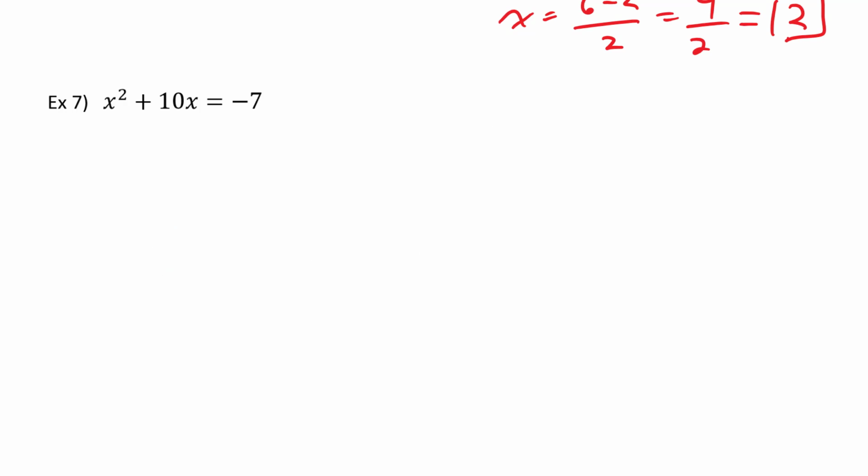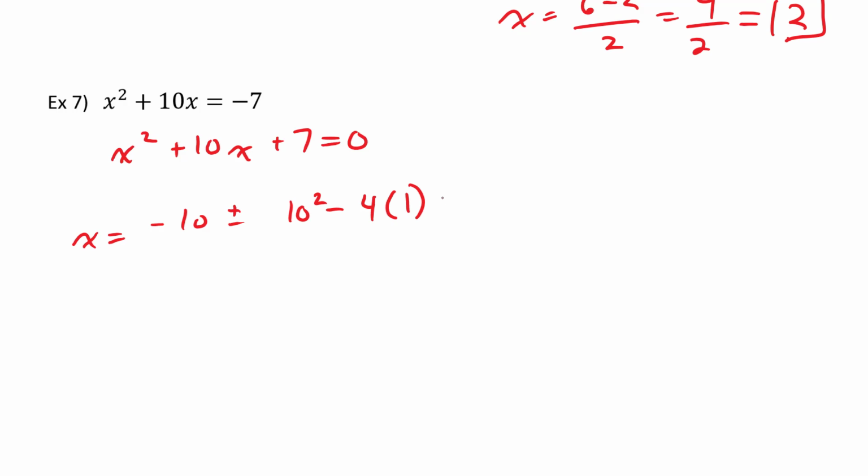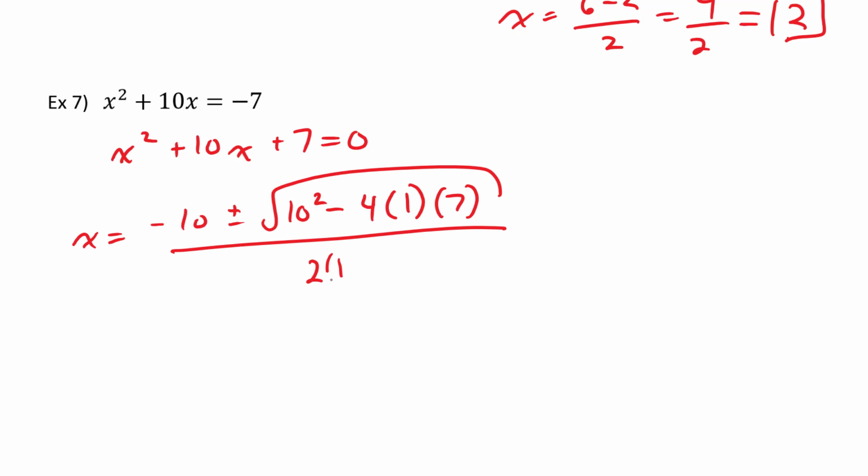How we solve this is we rearrange it into this format. X squared plus 10x, swing the 7 over to the other side, becomes positive 7. Now we solve it. X is equal to negative 10 plus or minus the square root of 10 squared minus 4 times a times c, divide all that by 2 times a.